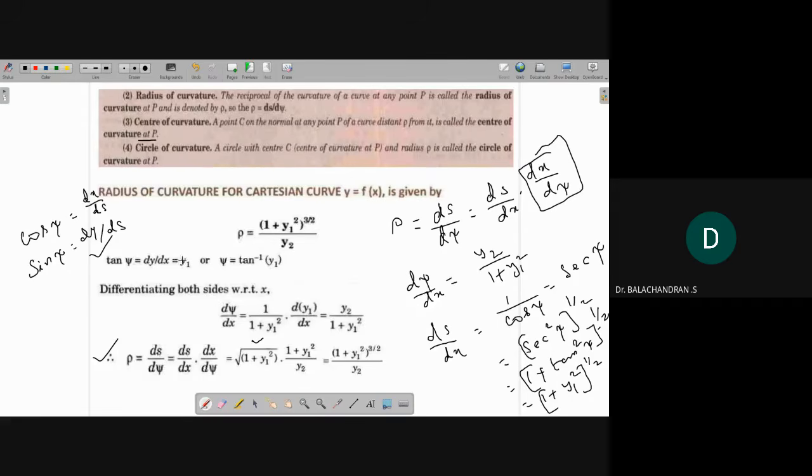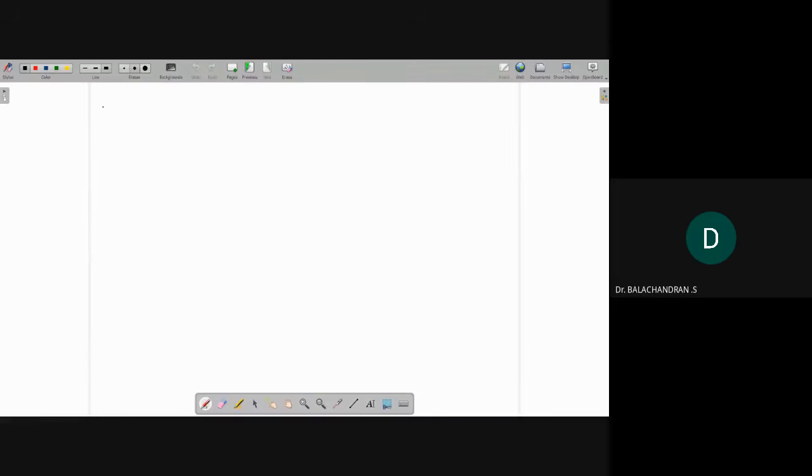Now I will go to the problem. Problem number 1. Find the radius of curvature. I won't write the full statement; I will read it and write in short form here. If you want, you can write it in your note.